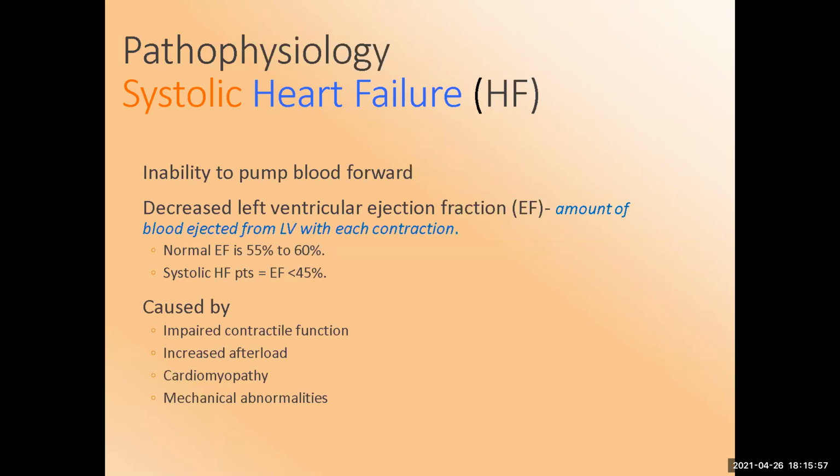Basically something has happened to the heart. So the person may have had an MI. They may have problems with increased afterload or hypertension, high blood pressure, cardiomyopathy, or mechanical abnormalities. Something wrong with the valves can cause this to happen.